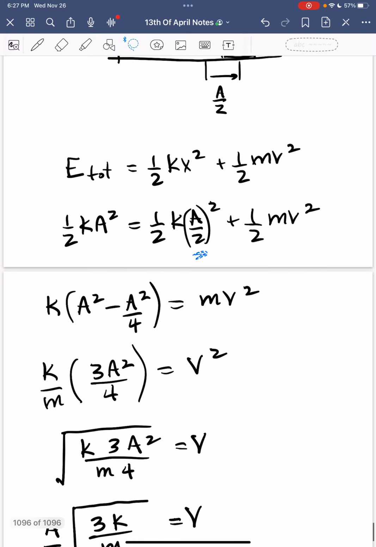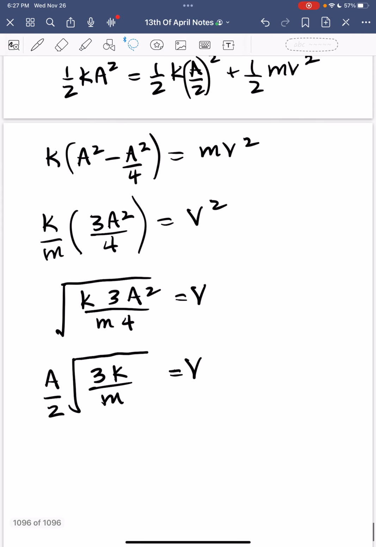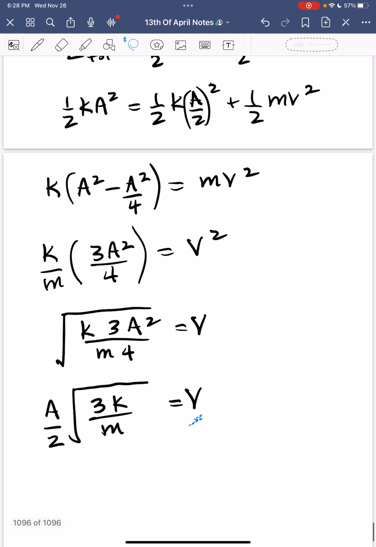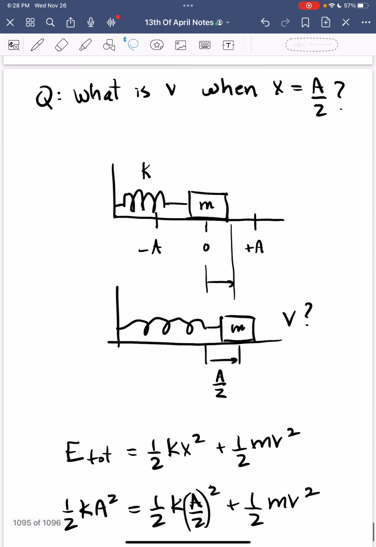If I work this down a little bit more, I get 4A squared over 4 minus 1A squared over 4. It's going to leave me with 3A squared over 4. And now I can take the square root, and I basically get something like this: v equals A over 2 times the square root of 3k over m. That would be the velocity at the point where it was 1/2 of its maximum amplitude away from 0.